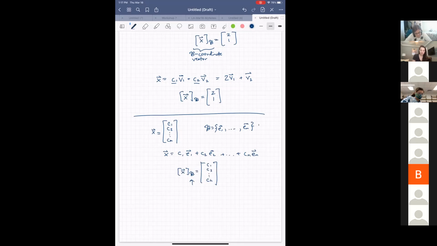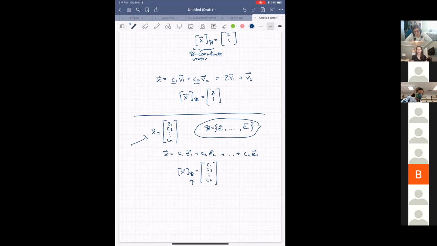Not if we're using the standard basis, because when we write down a vector in this way, we're assuming we're using the standard basis. Right. So just to keep it separate from this representation in terms of other vectors.